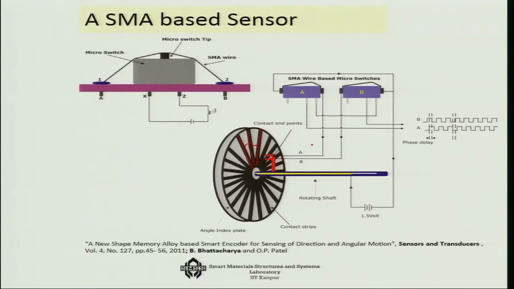However, the catch is that only whenever these two pins are touching, the current is flowing, and then because of that resistance you are going to get a signal. The moment it is not, or the velocity is changing, you are going to see there is a shift or a phase delay, which you can use to measure the direction and the angular motion of the system.